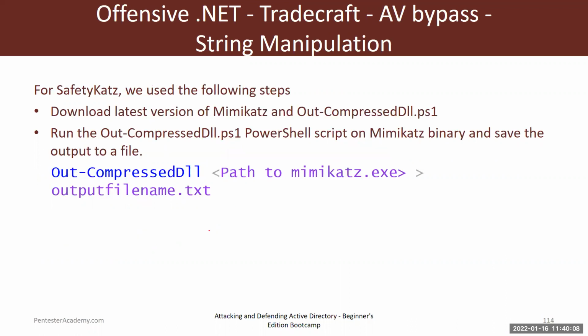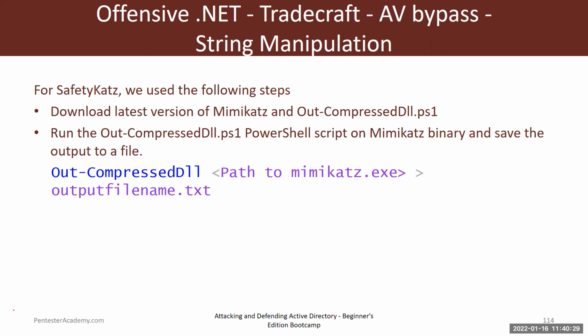Similarly, SafetyKatz uses an embedded version of Mimikatz DLL. So what we did to avoid Windows Defender for SafetyKatz, we downloaded the latest version of Mimikatz and passed it through the out-compressed-dll.ps1 from PowerPoint.